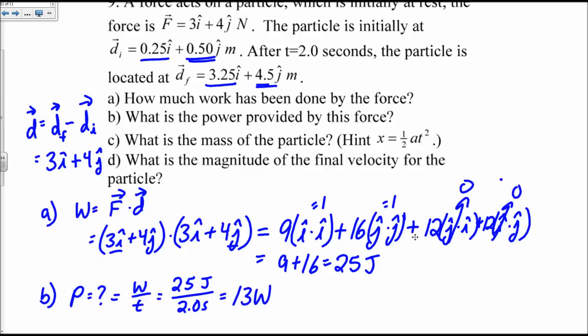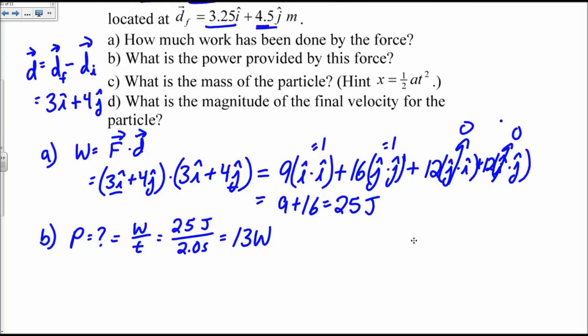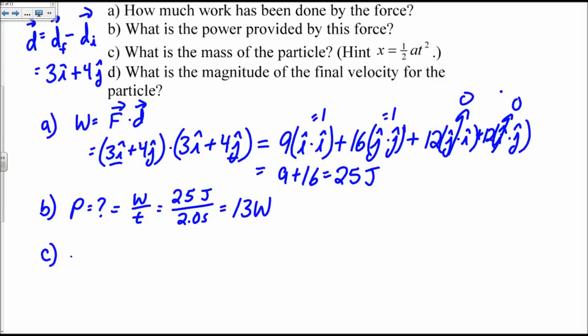Part C, what is the mass of the particle? In order to find this, I'm going to find the acceleration of the particle, and then, given the force, I'll find the mass.